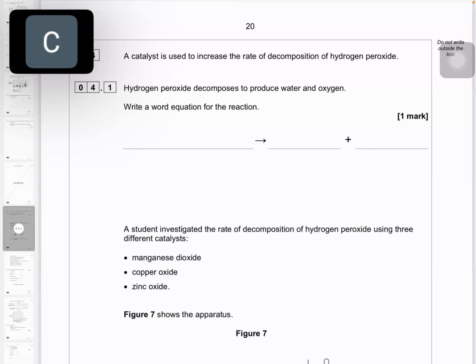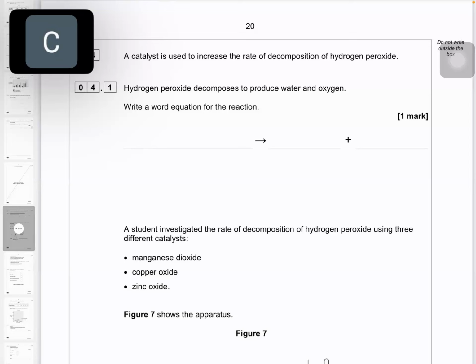On the left-hand side of the arrow, we're going to have hydrogen peroxide. Since it's a word equation they asked for, not a chemical equation, you write hydrogen peroxide. Then on the right-hand side, where you have the two spaces separated by the plus sign, you have water and oxygen.